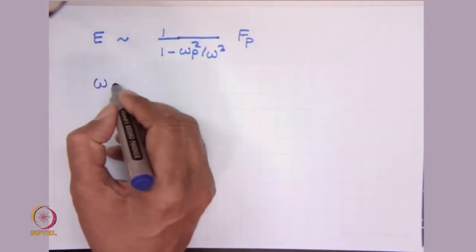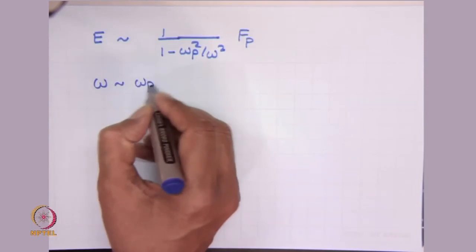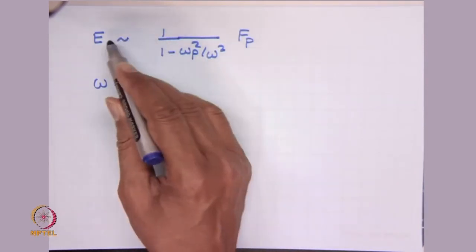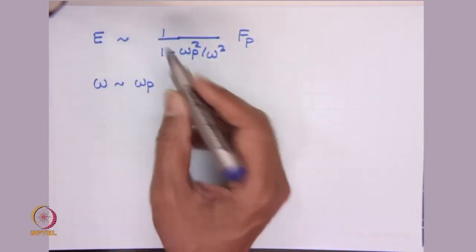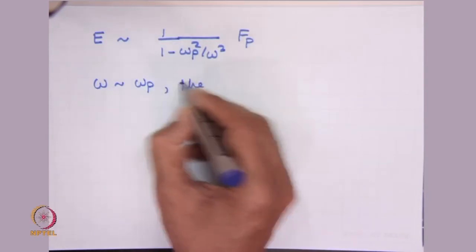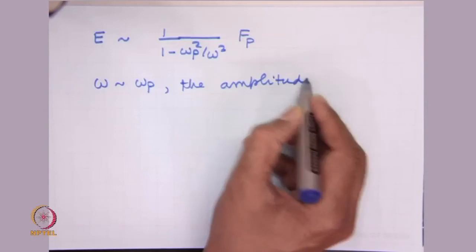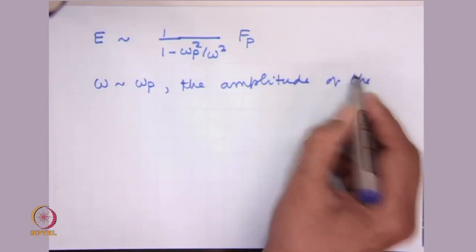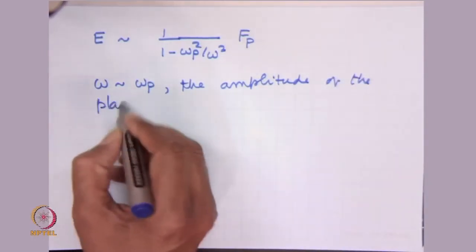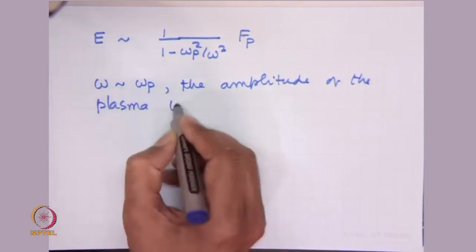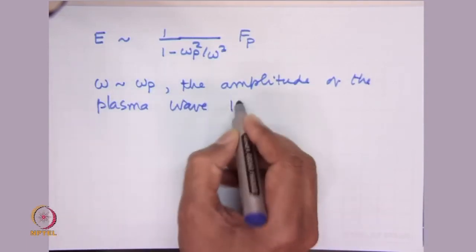So, for omega of the order of omega p, the plasma frequency, the amplitude of the plasma wave generated could be very large. The amplitude of the plasma wave is very large.